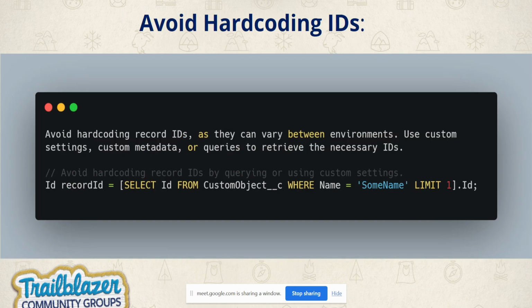And avoid hard coding IDs. Sometimes you face a problem where you need a hard-coded value in your code, and you want to fetch data based on that ID. Avoid hard-coded record IDs, as they can vary between environments. Suppose I'm working in sandboxes, like a developer sandbox, developer pro, partial copy, or full copy sandbox.